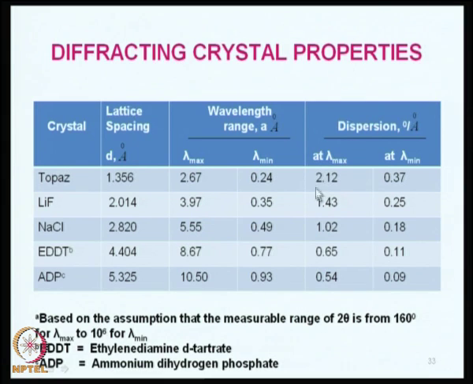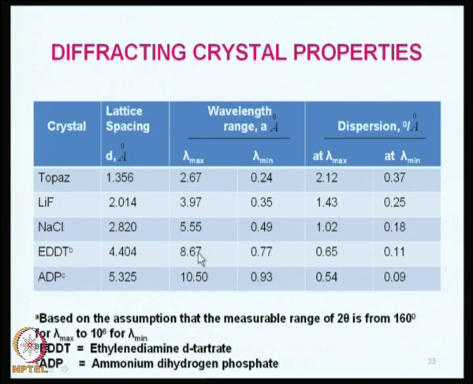The dispersion is approximately in the fourth column at lambda max and at lambda minimum. So, if you want X-rays of between 0.24 and 2.67 angstroms, you should go for topaz. This is how the table can be utilized.